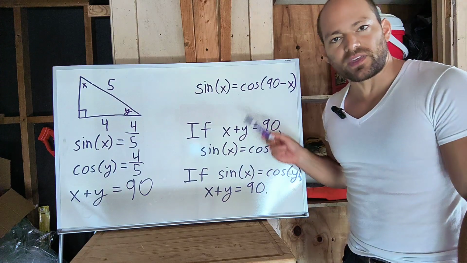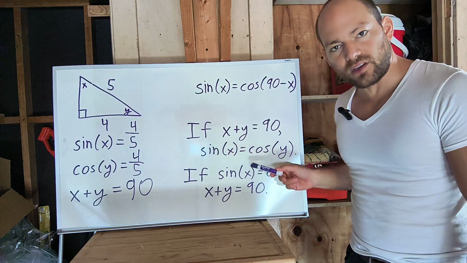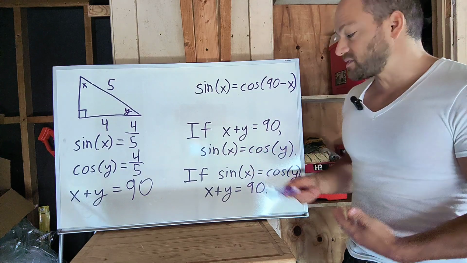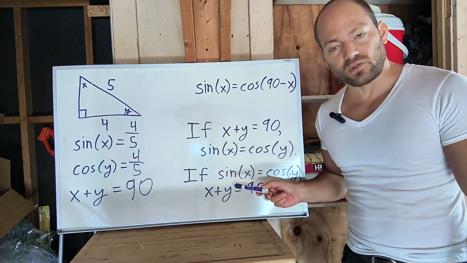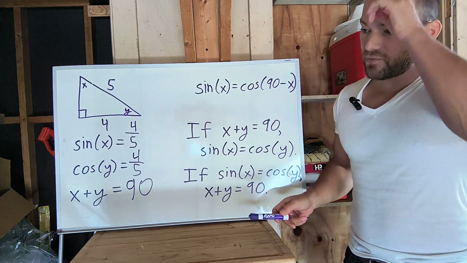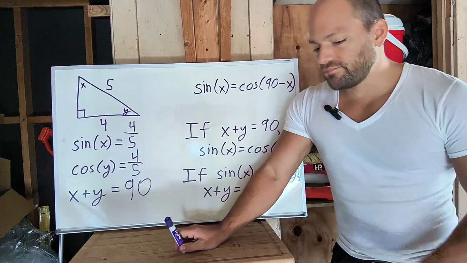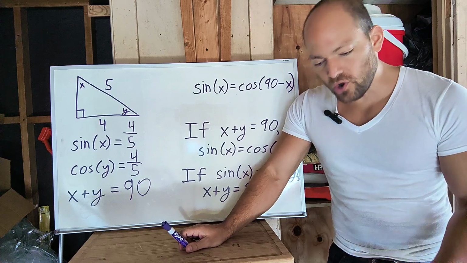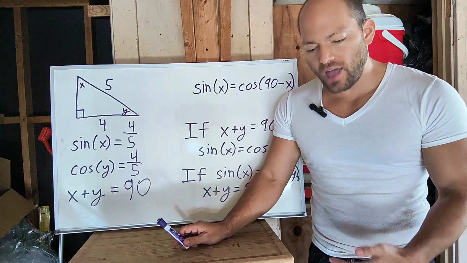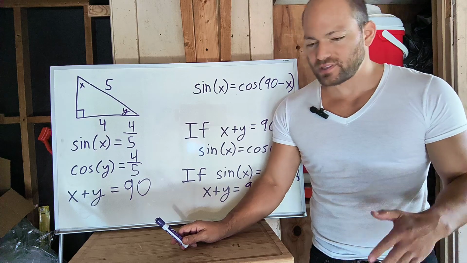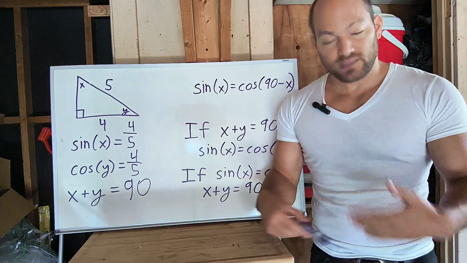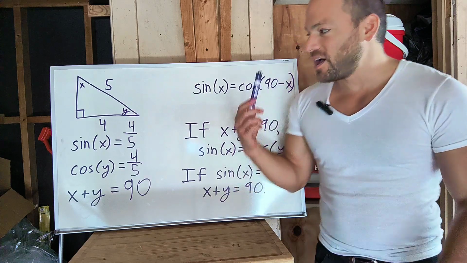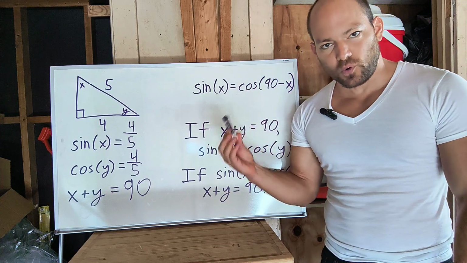Sometimes they'll give you information about the angles, and we must conclude something with the sine and cosine, namely that they're the same. Other times they give us information with the sine and cosine, and from there we conclude that the angles add up to 90. They find different ways of doing it, but my point with all of this is if you're on a weird sine cosine question, once again, by weird I mean sine and cosine are involved, but SOHCAHTOA is just not cutting it for you, I'm almost positive they're testing this rule in some way.